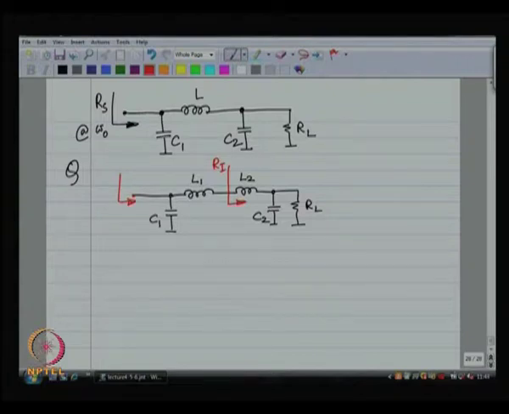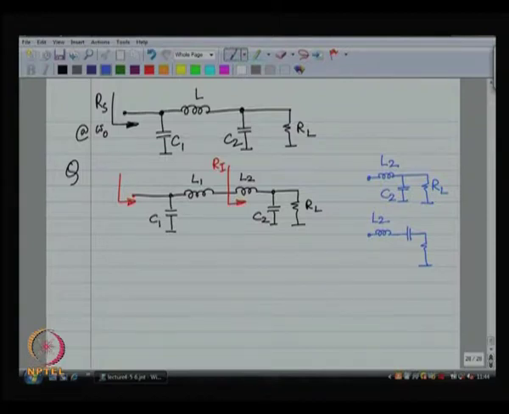Okay. So, to do that, you have got a network that looks like this. C 2 in parallel with R L can be transformed to a series combination of C 2 and R L. So, what happens to R L?